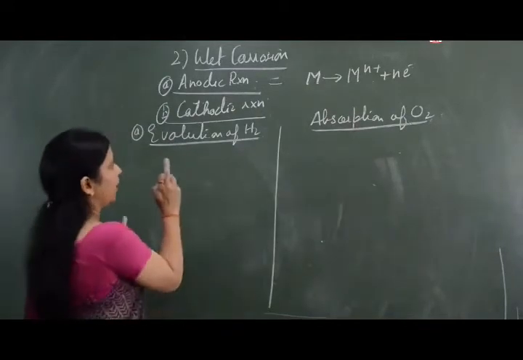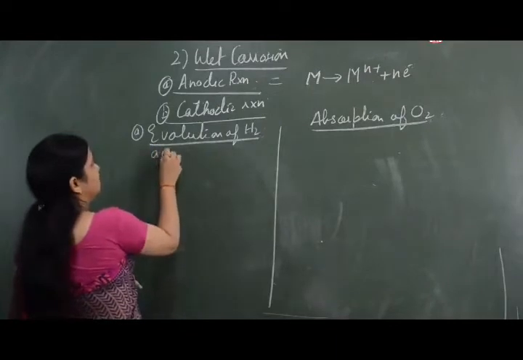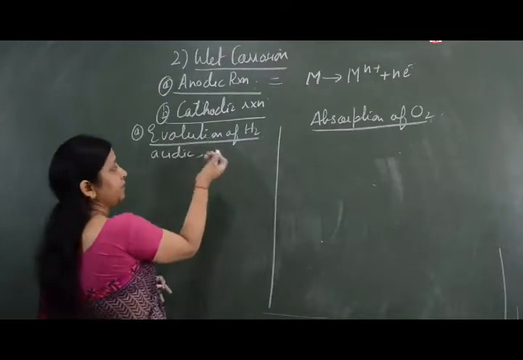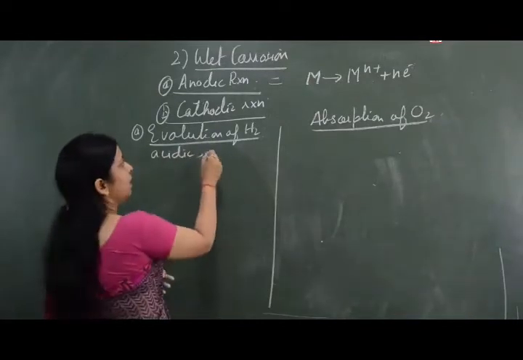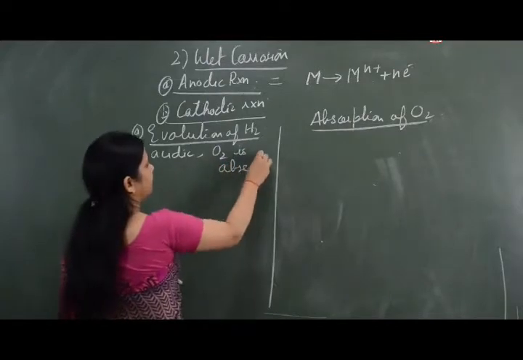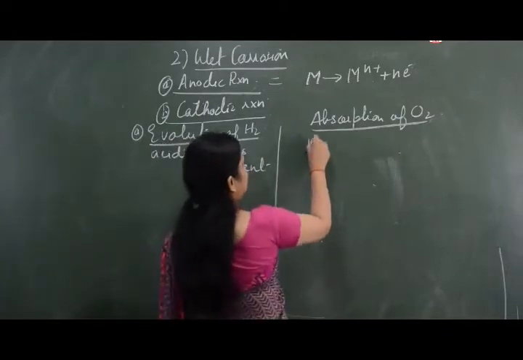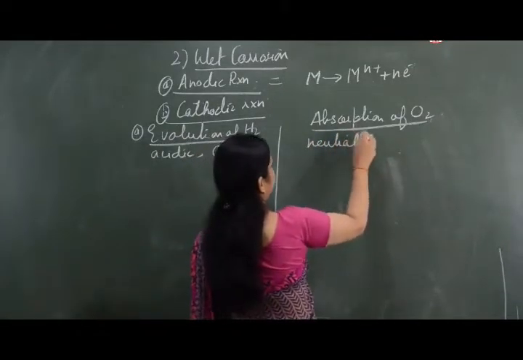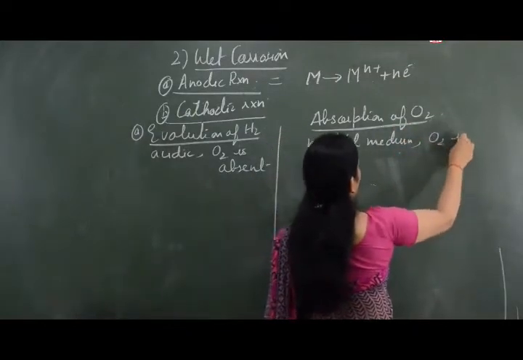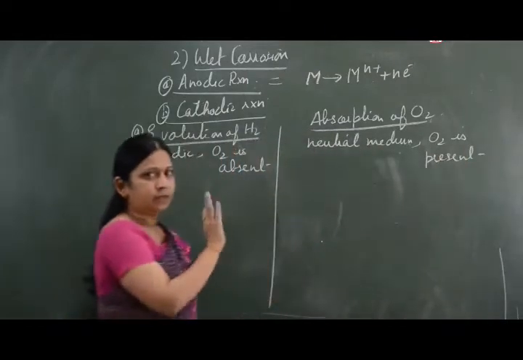Now when evolution of hydrogen is taking place, the medium is acidic, so hydrogen is present and oxygen is absent here. Absorption of oxygen takes place in neutral medium, and oxygen is present here. So this is the difference.